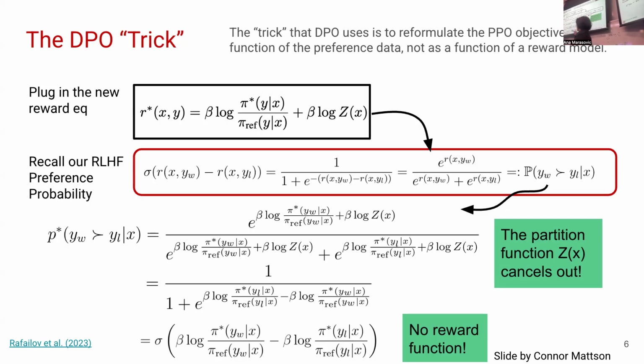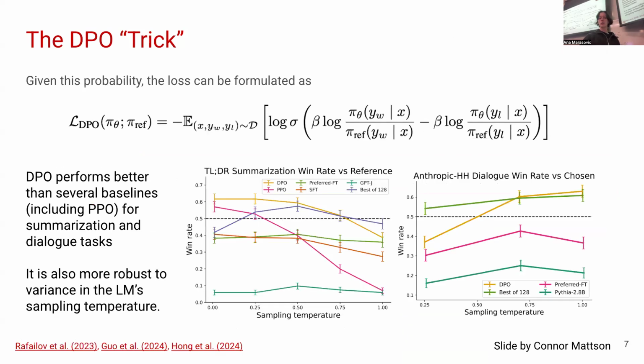And then with a little bit more math, I get the sigmoid. So now I can take the negative log of this and an expectation to get my equation for loss, for training my final model such that it's a helpful and harmless assistant using preference data.